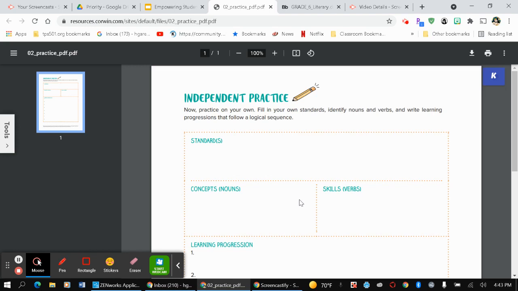So from there, we identified learning progressions. What do students have to know in order to achieve mastery of that standard? For this standard, we identified that students have to know text features. They have to be able to identify text features, know why they're there, what the purpose of them is, and how those features help support their understanding of the text. We determined that our students are secure in that knowledge at this time.